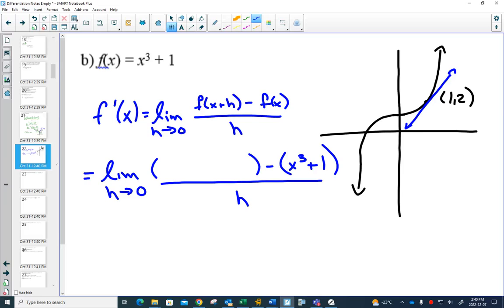But what is f of x plus h? And I'm going to just do it off to the side here. Would you agree that that means we replace the x with x plus h in a function? So we would have x plus h cubed plus 1.